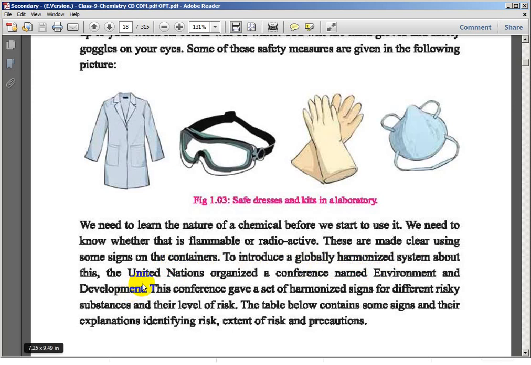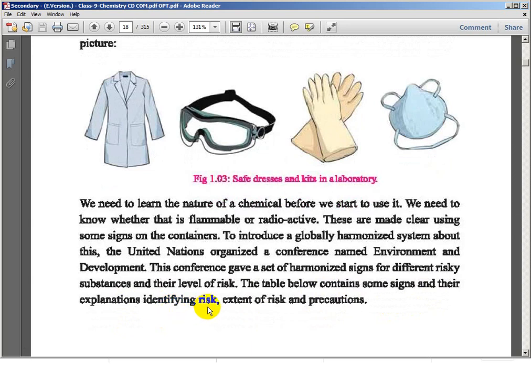The United Nations organized a conference named Environment and Development. This conference gave a set of harmonized signs for different risky substances and their levels of risk. The table below contains some signs and their explanation, identifying risk, extent of risks, and precautions.